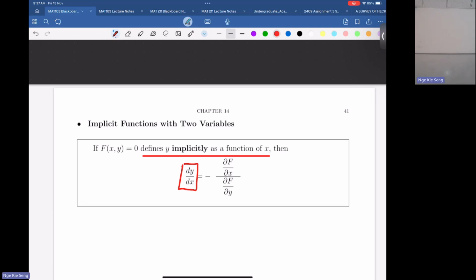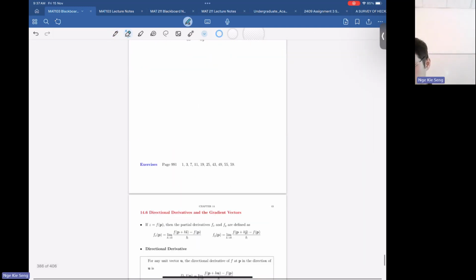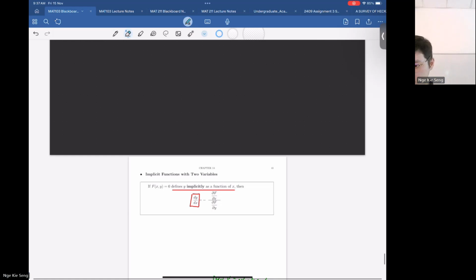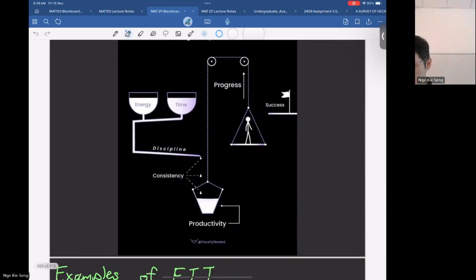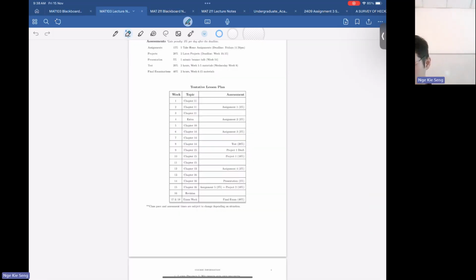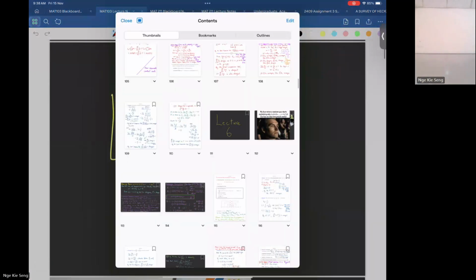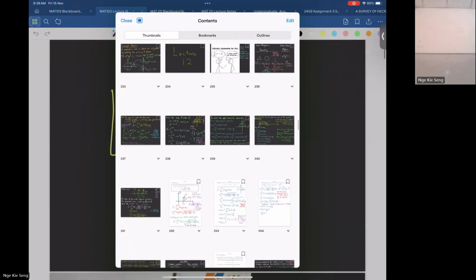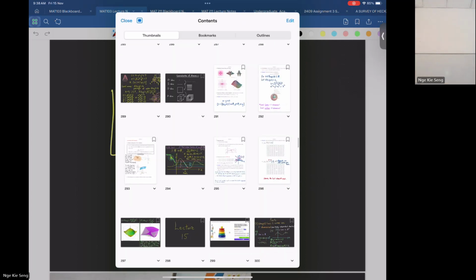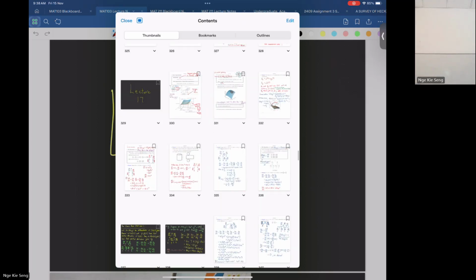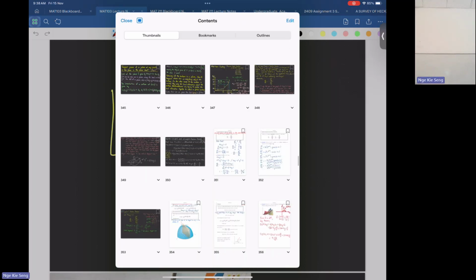But what's the geometric meaning here? Let me bring up the statement for you.